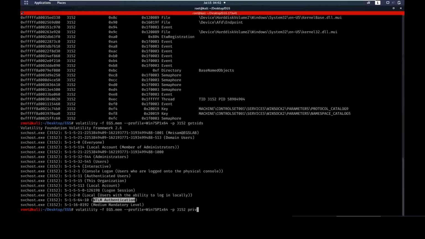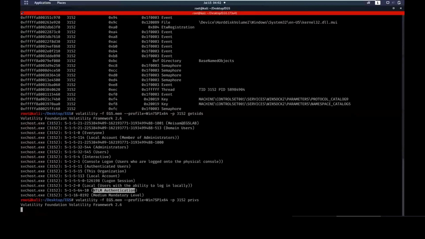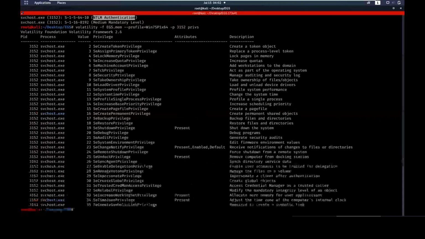Privs, which shows me all the privileges that this process has. So at the moment, we have different attributes. It could be present, it could be a default privilege of that process. Let me put it this way.